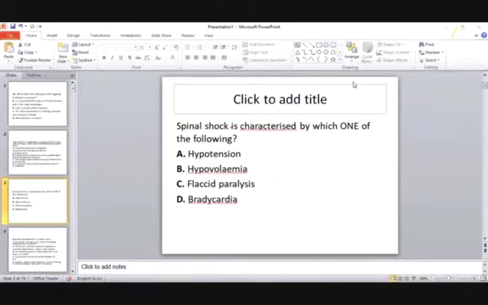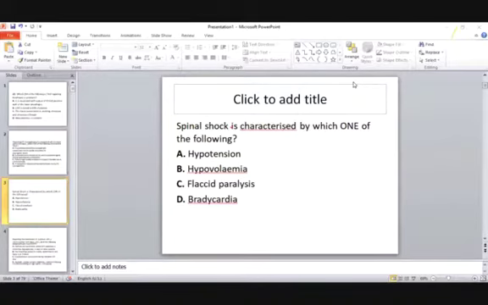The main concern is that you should not do certain procedures which stimulate the patient.